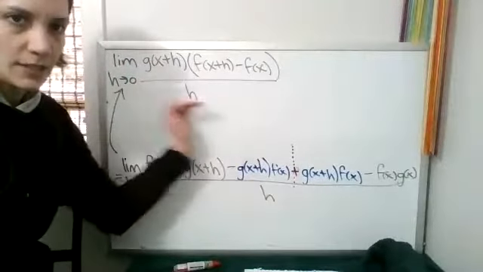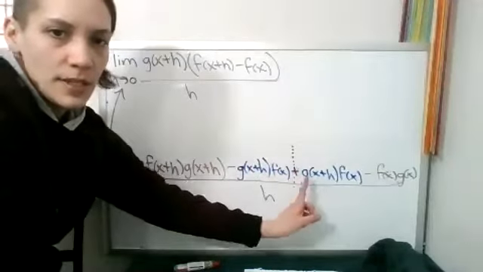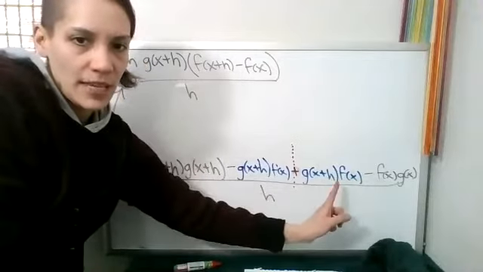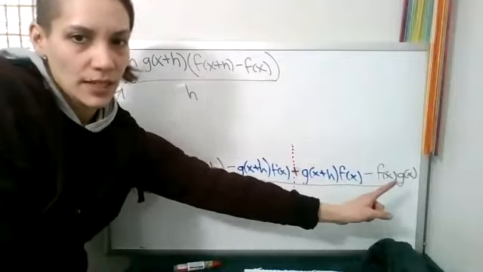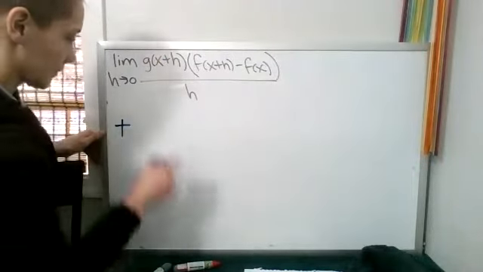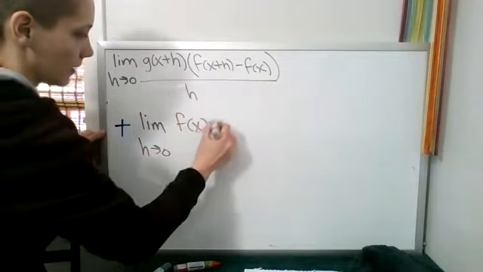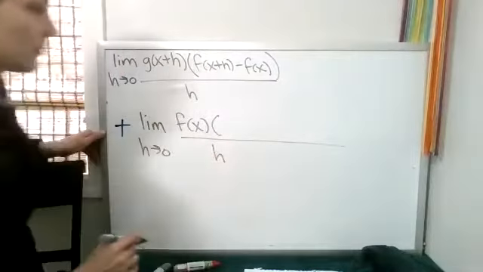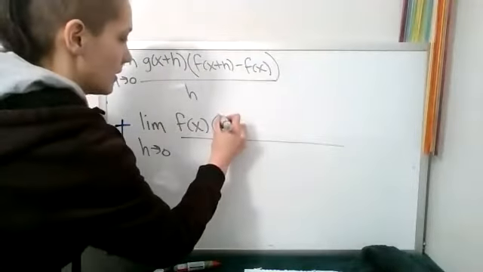The other limit will fit underneath. So plus the limit as h goes to 0 of this part, which will factor f of x out to this side, so f of x times g of x plus h minus g of x.